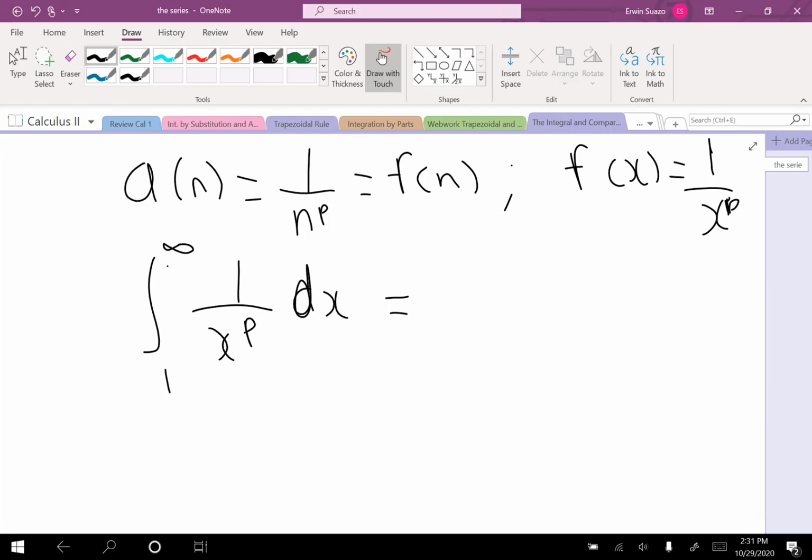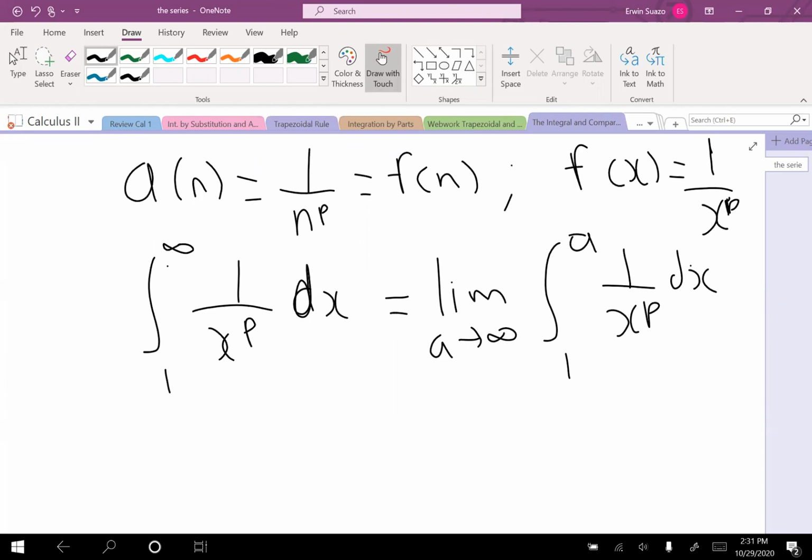Let me write this: the limit as a goes to infinity of the integral from 1 to a of 1 over x to the P dx. Okay, let me give you 3 minutes to try to find this integral.